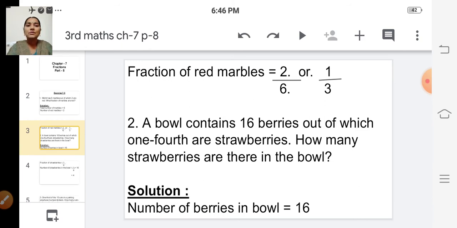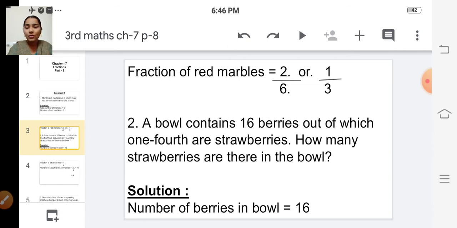So second problem. A bowl contains 16 berries, out of which 1/4 are strawberries. How many strawberries are there in the bowl? I'll read again. A bowl contains 16 berries.